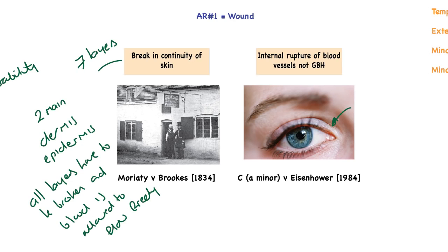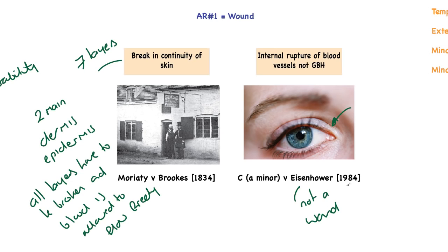In court, it was made clear that a wound is a break in the continuity of all layers of the skin. An internal rupturing of the blood vessels is not a wound. So in Eisenhower, it's not a wound. So, internal bleeding would not be a wound. It may be GBH, but it's not a wound.